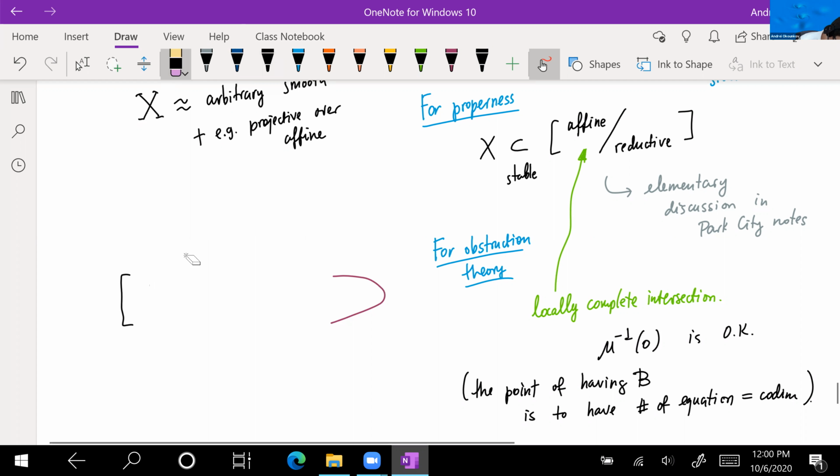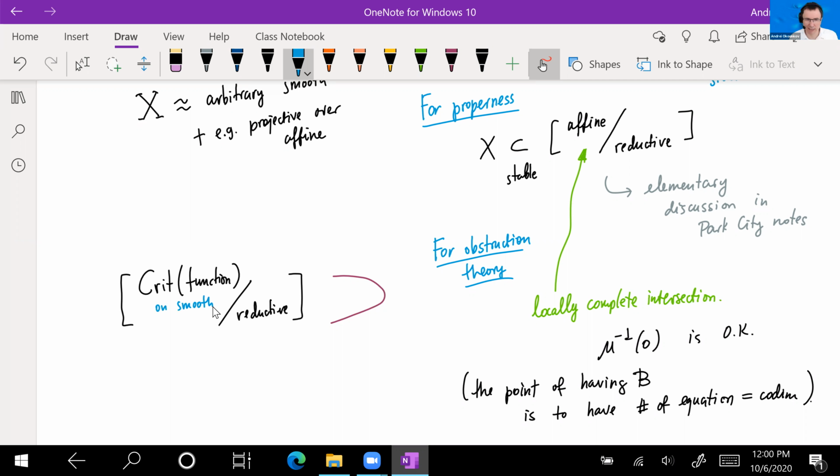So sorry, I take a critical locus of some function on a quotient by a reductive group, and this maybe sits on smooth. Yeah, there's the exact technical, what exactly you can do technically, maybe it's not.